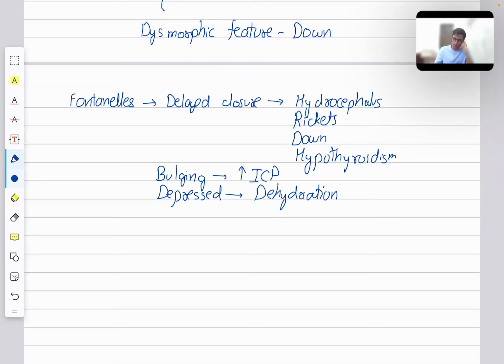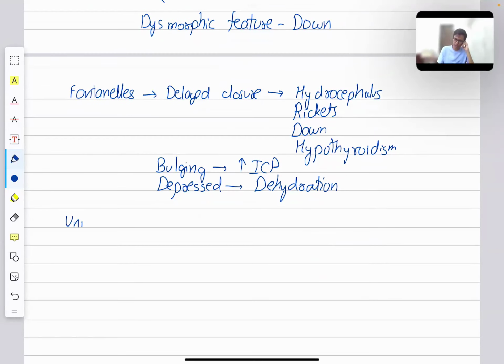Then, in OSCEs, they can ask you certain unique signs seen in the skull, such as the Macewen sign. For the Macewen sign, you percuss from one side of the skull and you place the stethoscope on the other side. If an amplified sound is heard, it indicates a positive Macewen sign. This could be due to raised intracranial tension, or physiologically it could be present if the anterior fontanelle is still open.